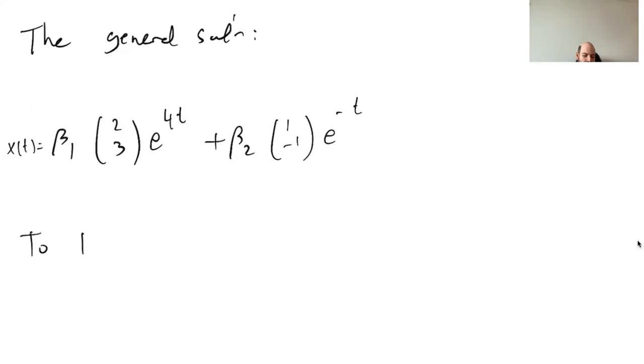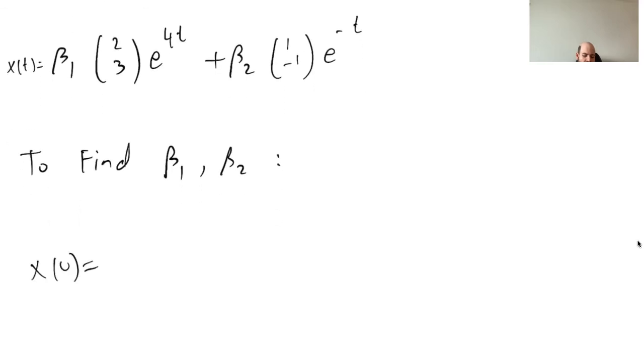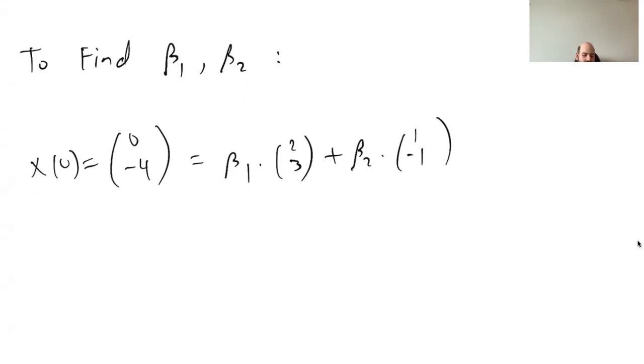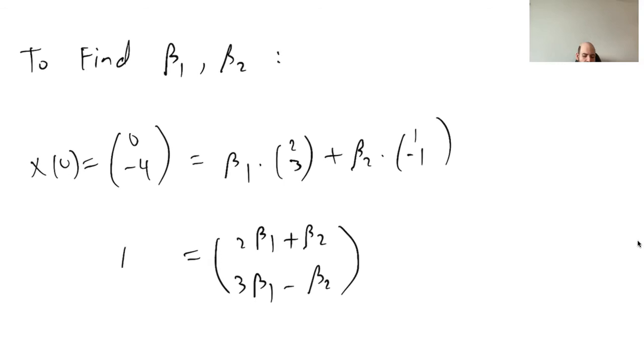Now to find beta 1 and beta 2, we use the initial condition. We know x of 0 is (0, -4), which is beta 1 times (2, 3) plus beta 2 times (1, -1). If I simplify this, I can write it as (2 beta 1 plus beta 2, 3 beta 1 minus beta 2) equal to (0, -4).